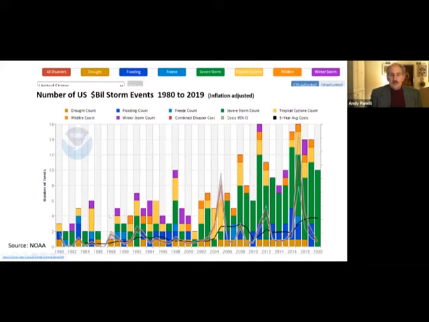The number of billion-dollar natural disaster events that have taken place, because this includes wildfires, droughts, flooding, as well as severe storms and hurricane damage, has increased 400%, and not only in the number, but in the total dollar volume of damage that we've experienced, and that's inflation adjusted.